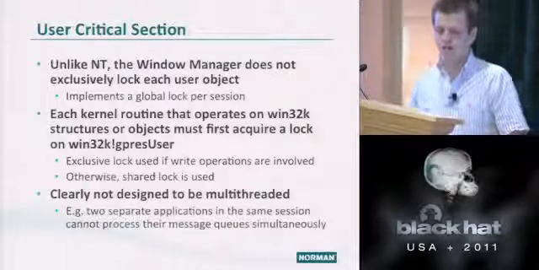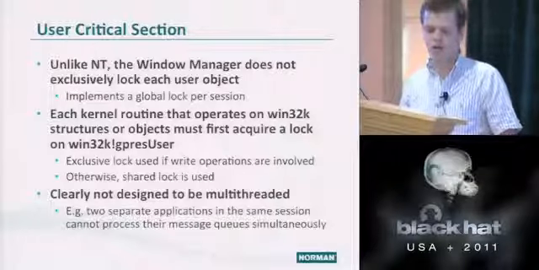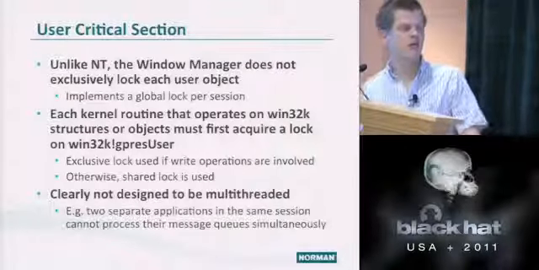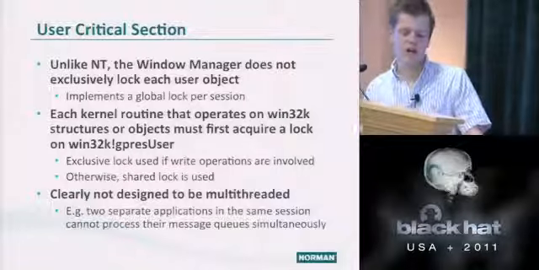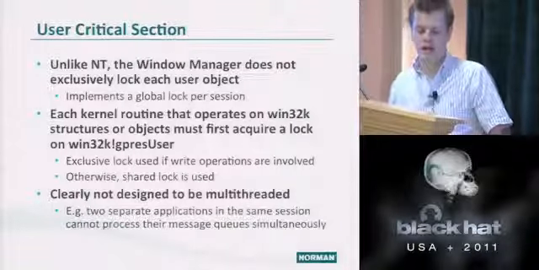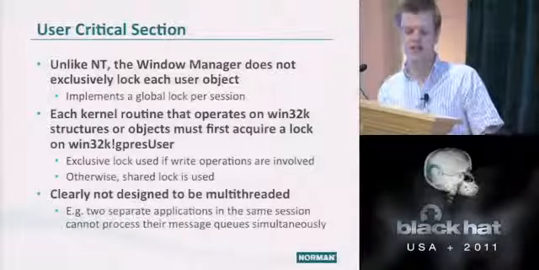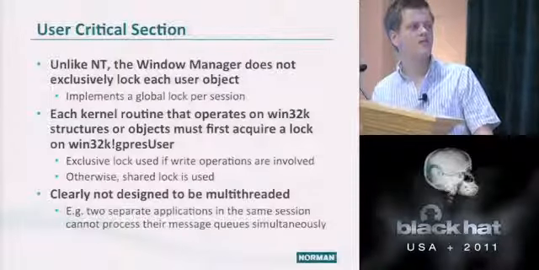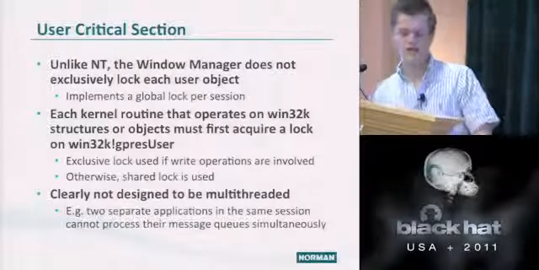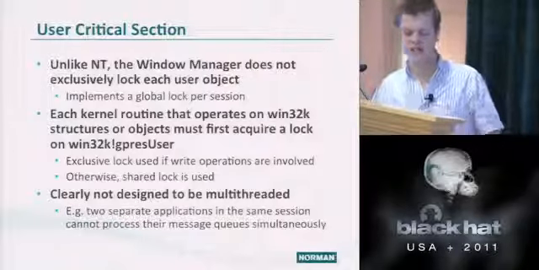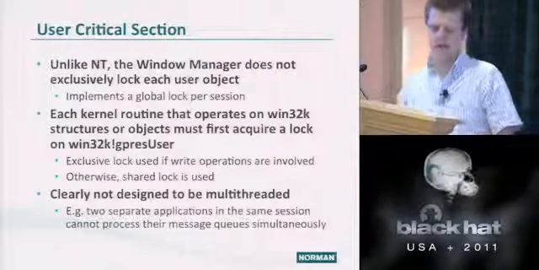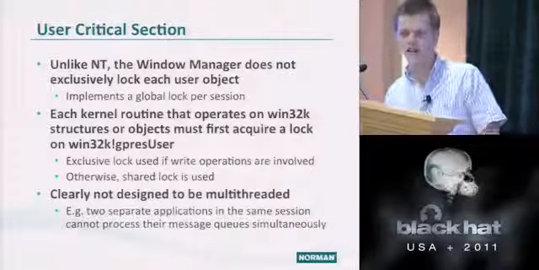When you try to operate on a global data structure, it uses an exclusive lock if write operations are involved, and otherwise it tries to use a shared lock. Obviously, if you only read from the structures, the shared lock is better because you don't have to freeze up the entire subsystem. So this was clearly designed to be multi-threaded.